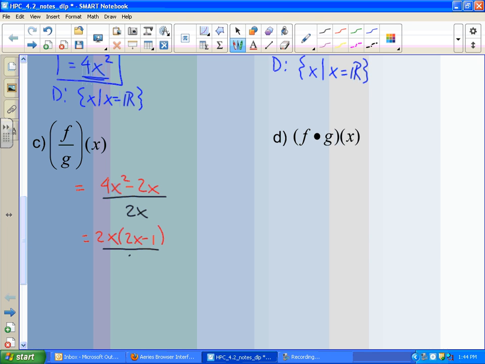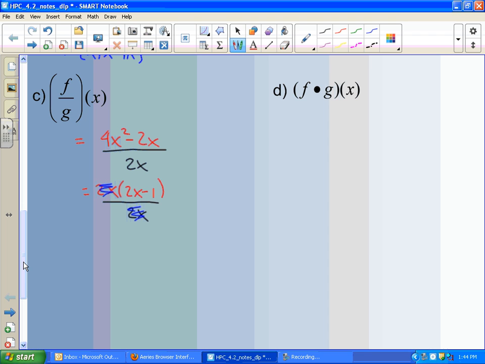And then I have that 2x hanging out the bottom, and look at this. Oh my. The 2x's, since they are both factors, can be canceled. And then we can get this: the quotient of f and g is equal to 2x minus 1.